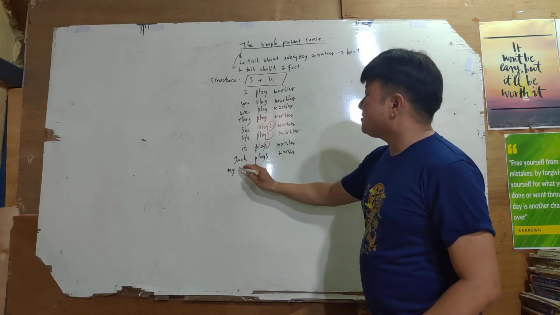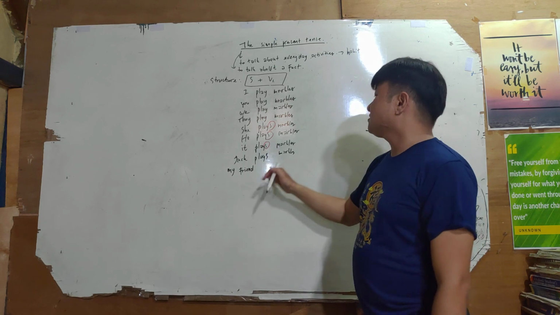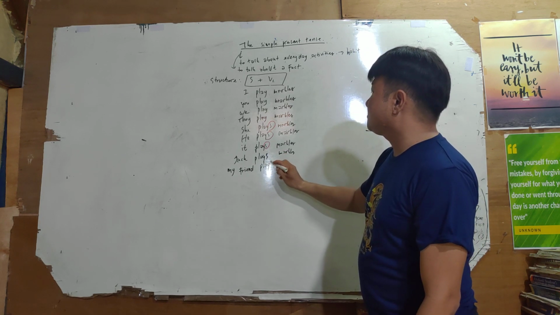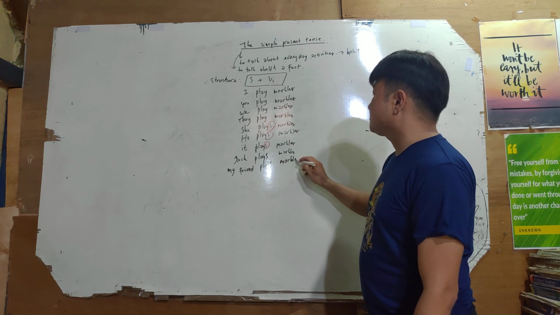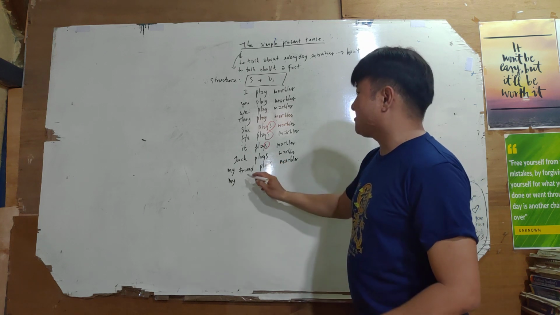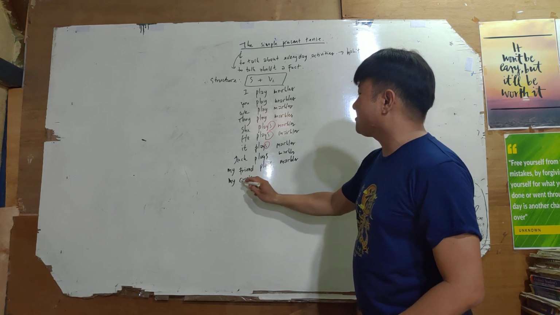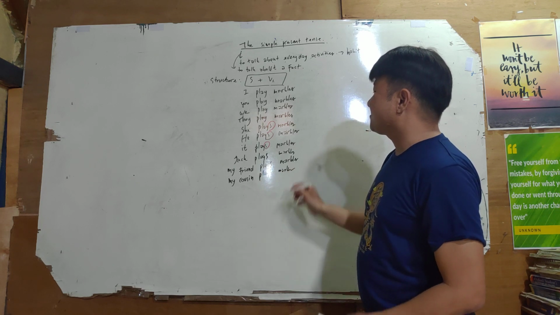Also my friend. You see, my friend is a singular person, so the verb takes s. My friend plays marbles. And also my cousin, for example. Okay, my cousin plays marbles.